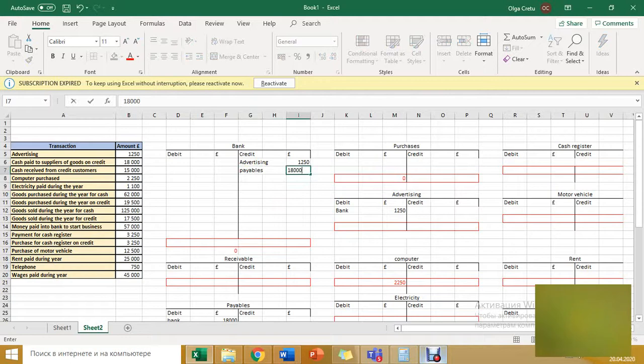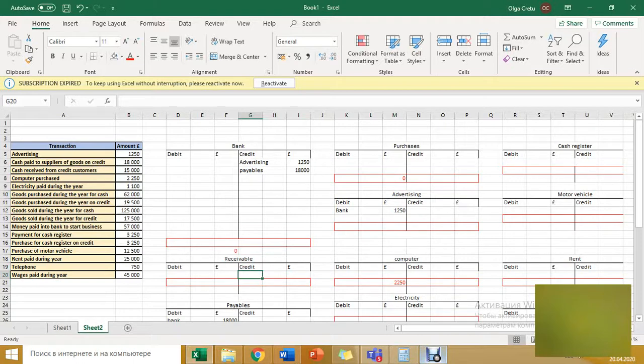We also said that the first credit transaction is cash received from credit customers in an amount of 15,000, right? So in this case, we're going to have 15,000 placed under the receivables because this is money received.